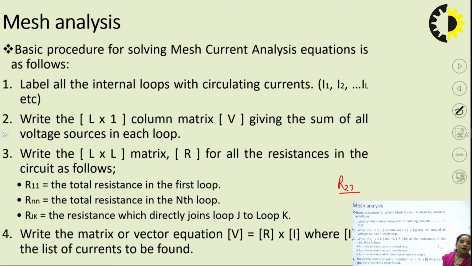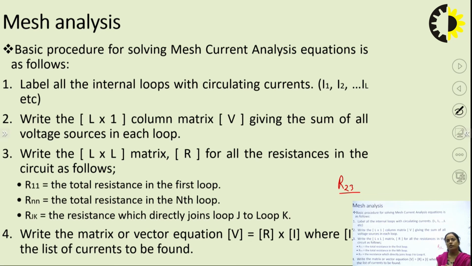All the matrices you can write, and you can solve the matrix by Cramer's rule or by simple calculation, you can opt for either. But applying Cramer's rule is advantageous when you have to calculate only one current. Suppose three meshes are there, then you will have three equations, so a 3 by 3 matrix, and suppose you have to calculate only I2.